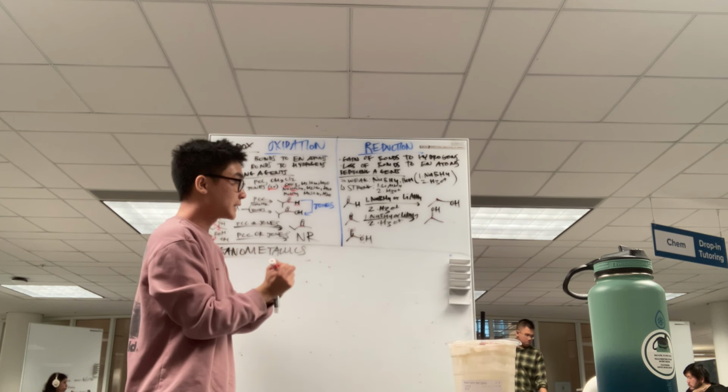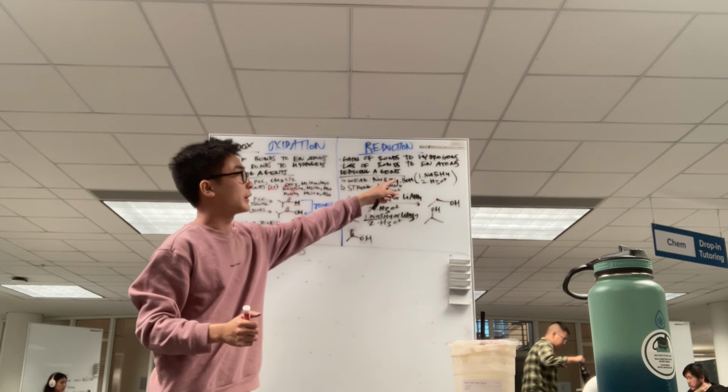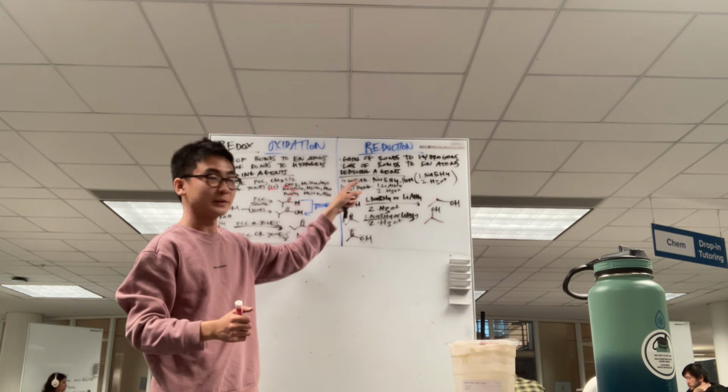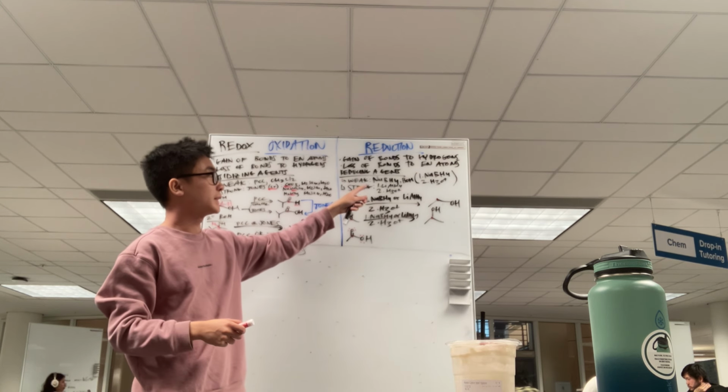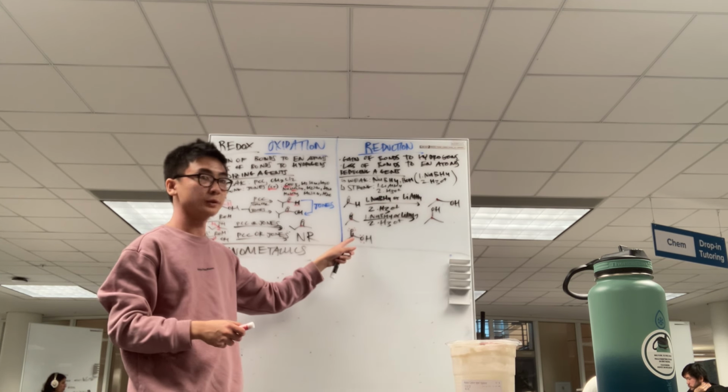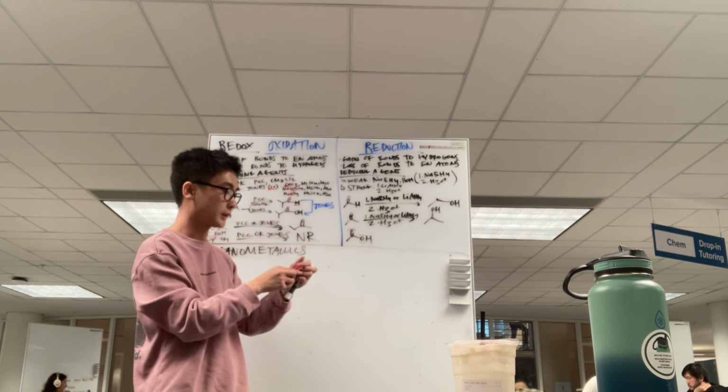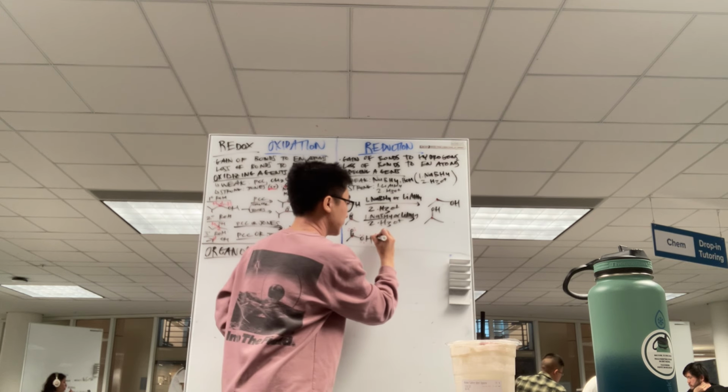So this cannot be reduced by sodium borohydride, a weak reducing agent. We would need to use a stronger reducing agent, lithium aluminum hydride, to be able to reduce this carboxylic acid into a primary alcohol. So let me show you this here.